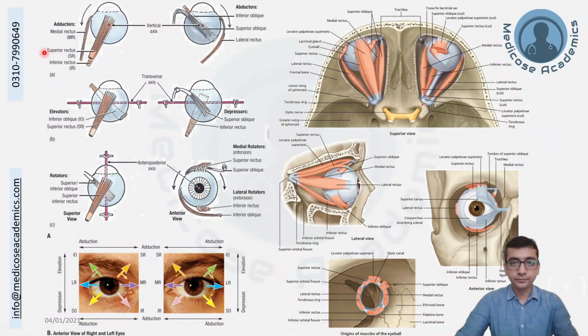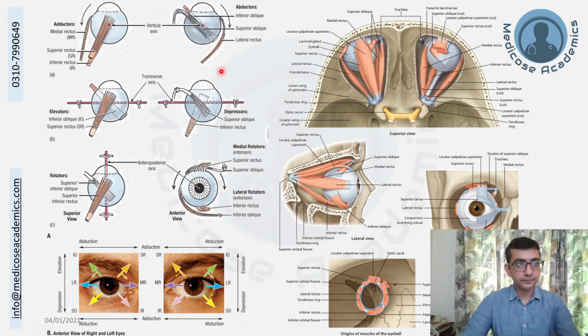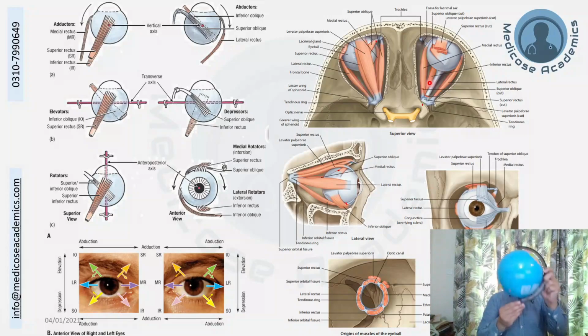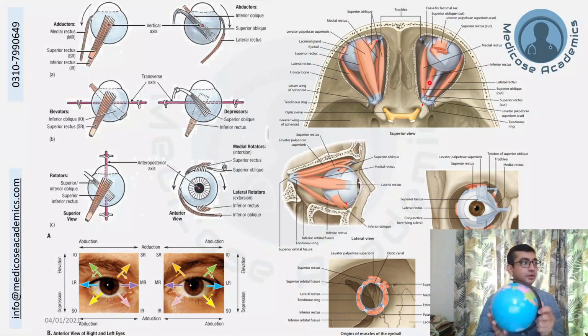The eyeball is capable of moving in three axes. I have a globe here taken from my son's table. The eyeball can be moved across the vertical axis, which goes from top to bottom.